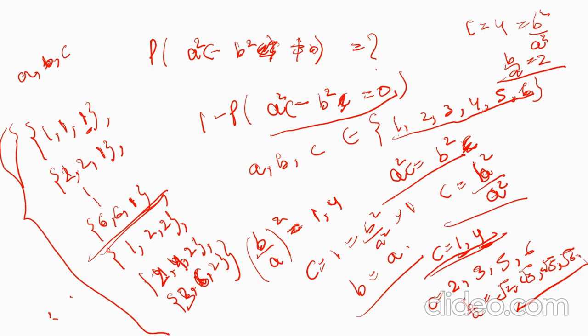So all the sets we have here are 1 comma 1 comma 1, 2 comma 2 comma 1, up to 6 comma 6 comma 1. And then when C is equal to 4, B by A is equal to 2. So for that we have 1 comma 2 comma 2, 2 comma 4 comma 2, and 3 comma 6 comma 2.